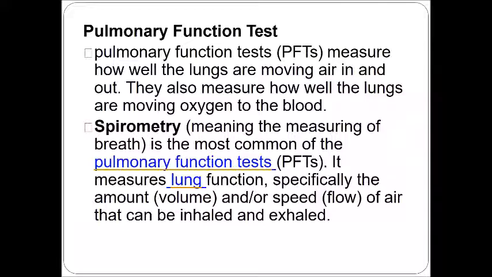It will also measure how well the lungs are moving oxygen to the blood. Spirometry means measuring of the breath, and it is the most common PFT. It will measure various volumes and various capacities, and then after getting the results you may go further with your diagnosis.